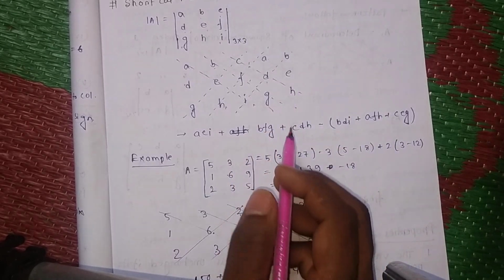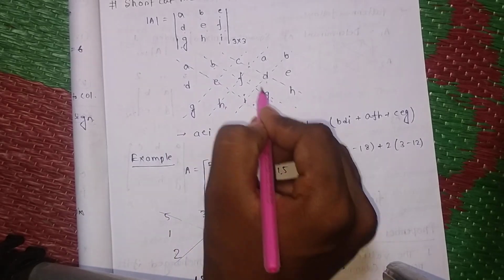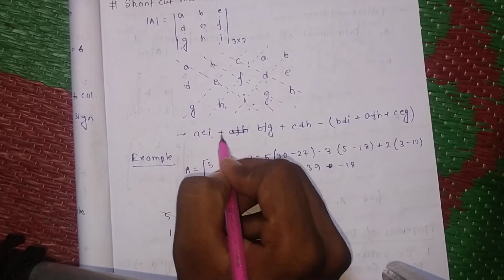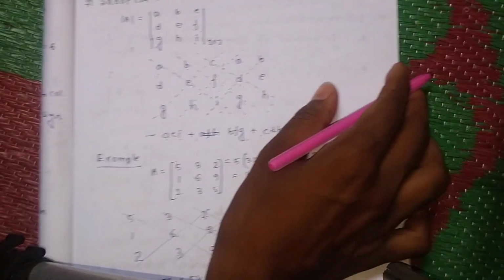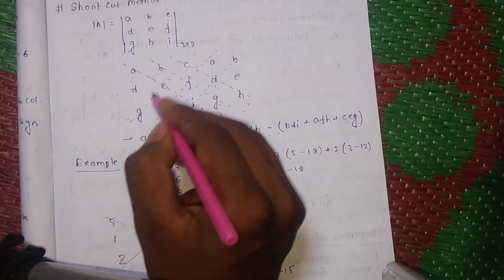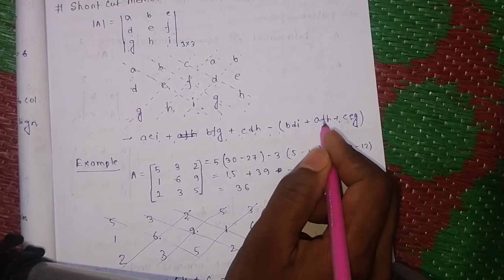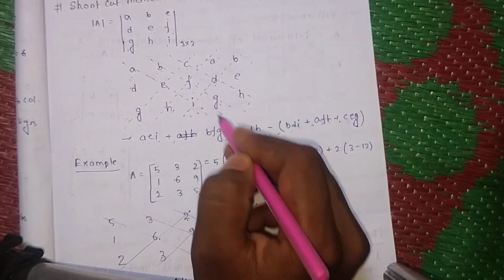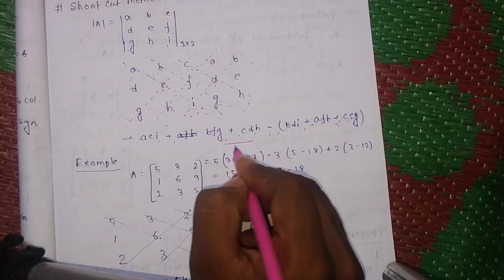Our formula is: multiply the three elements along each diagonal and add, a e i plus b f g plus c d h, minus the three elements along the opposite diagonals: g e c, h f a, and i d b. And the value is the same.